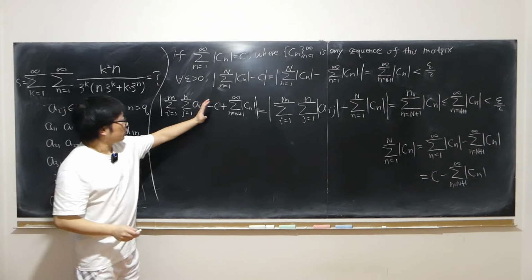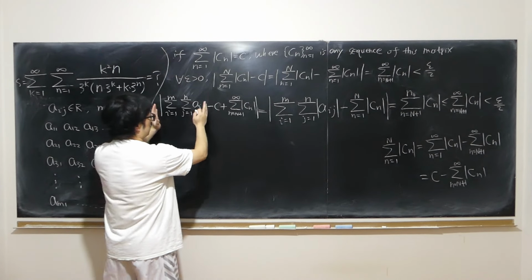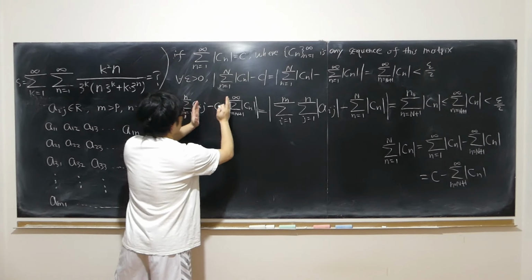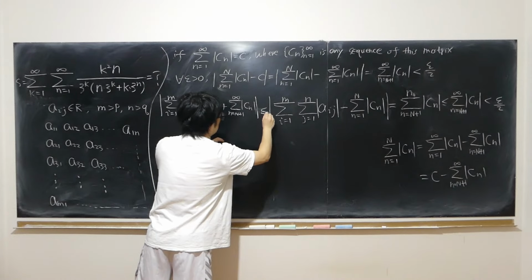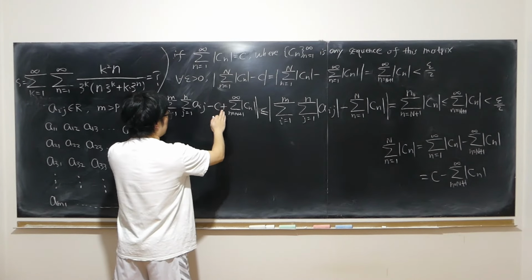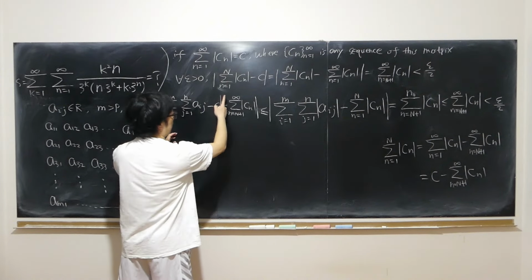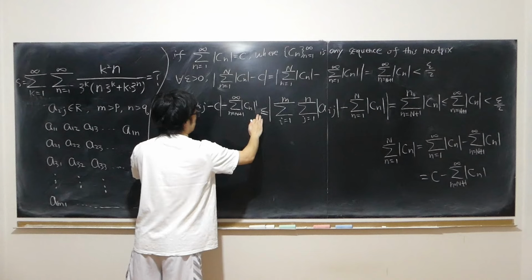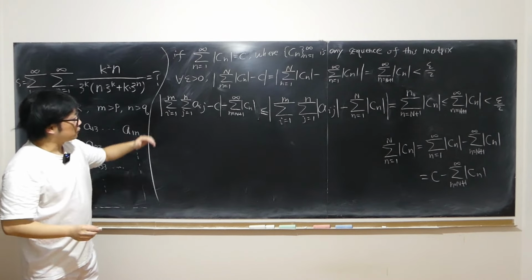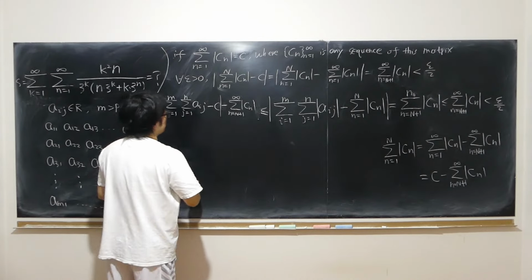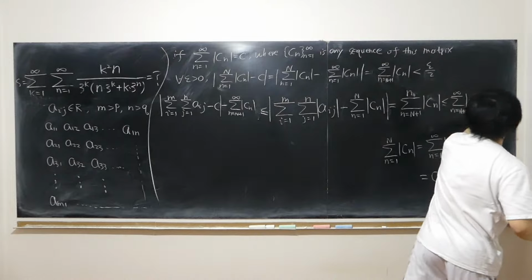Then you can apply the triangle inequality. So split this absolute value, minus absolute value, and this will become smaller. You don't even need the absolute value, it's already positive. That is called the triangle inequality.